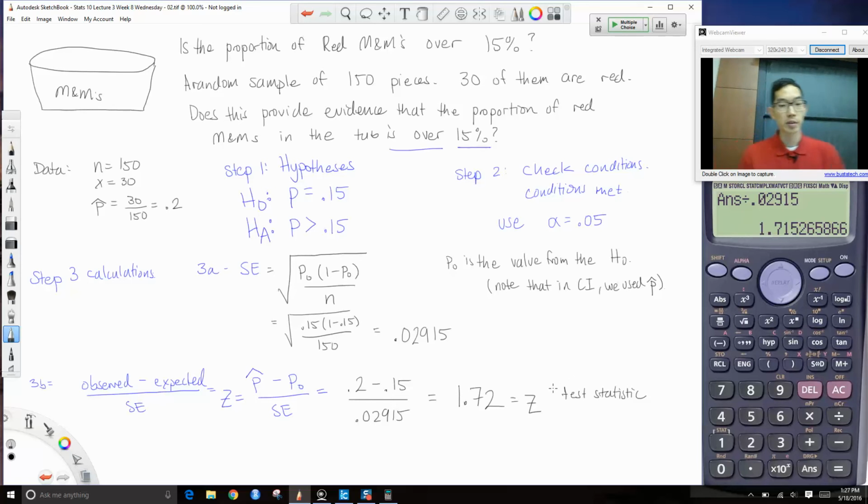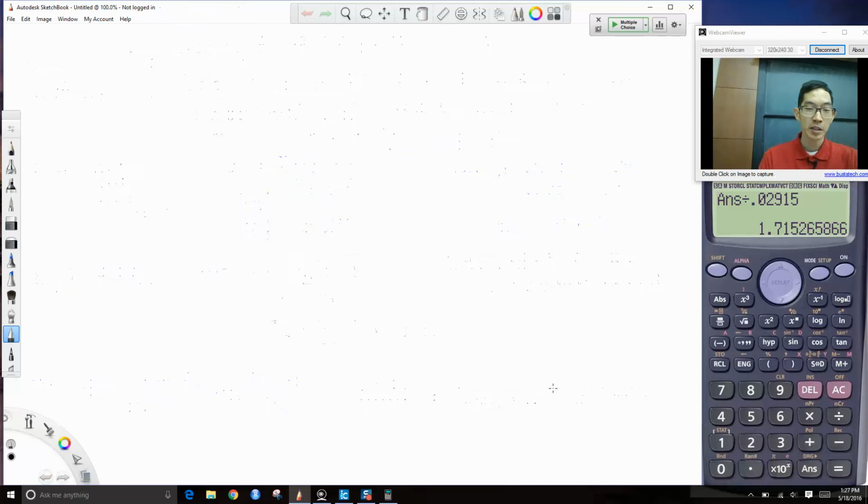Right? Okay, so at this point, we would go from our test statistic to a p-value. Okay, everyone so far so good? Okay, all right, and so for 3C, we go from test statistic to a p-value. Okay, and so here are the rules.